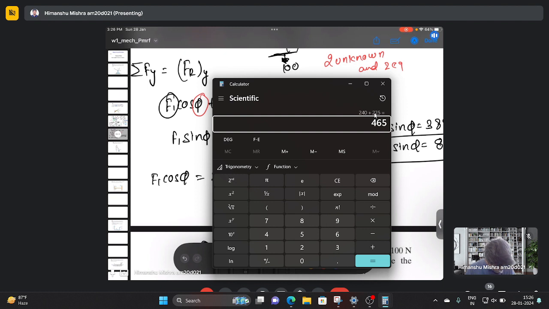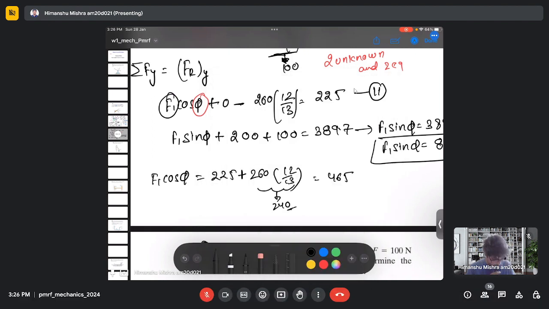And this quantity will give me 240. So the overall quantity will be 465. So 465 equals F1 cos phi, which is equation number 4.